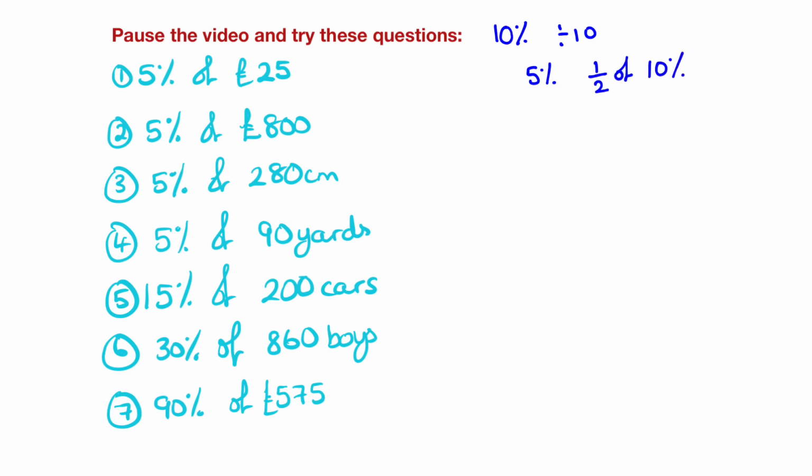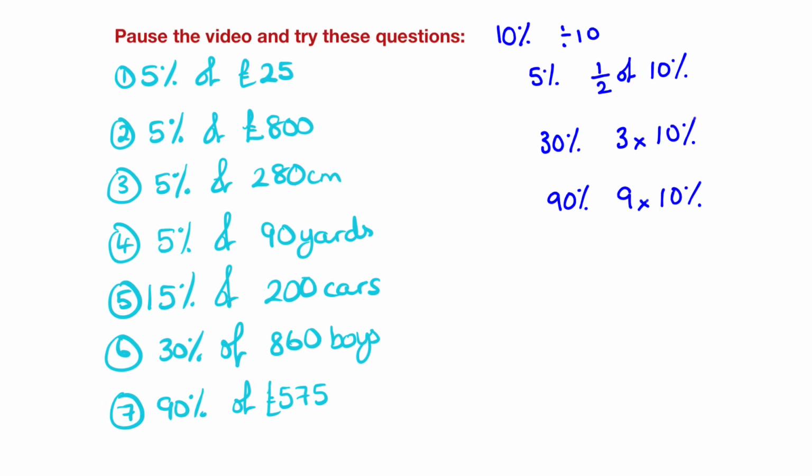Remember 30% is 3 lots of 10%. And 90% is 9 lots of 10%. So pause the video, try all those just now. Then come back in a minute and check your answers.